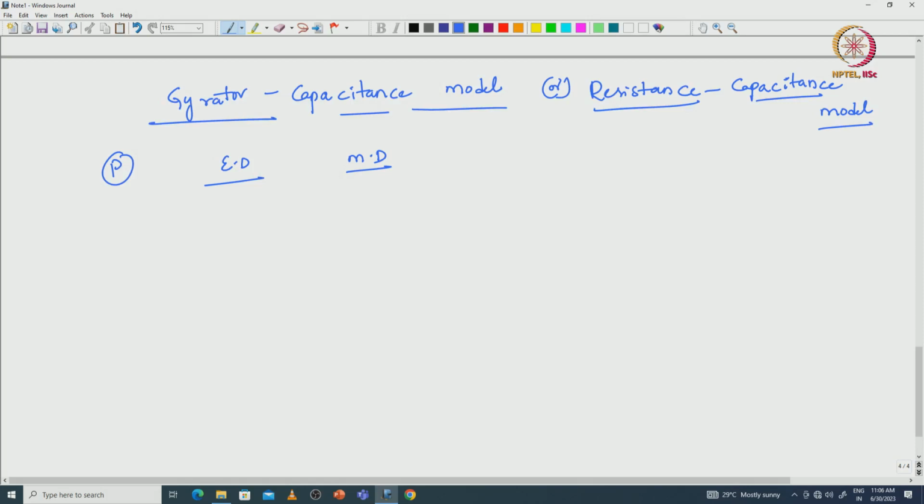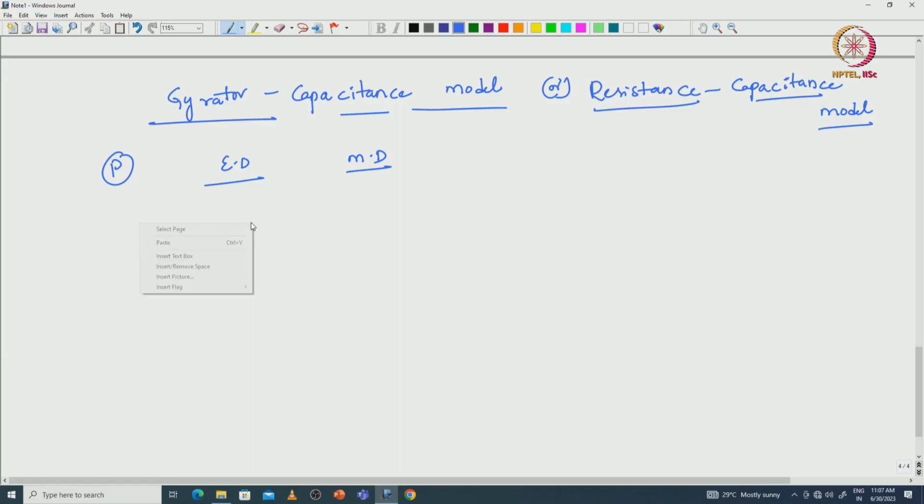The Gyrator is nothing but a two port network that reflects the impedance on one side to the other side in a reciprocal manner. For example, consider a simple transformer: if one side's variables are represented on the other side, the reciprocal term will come, impedance matching.